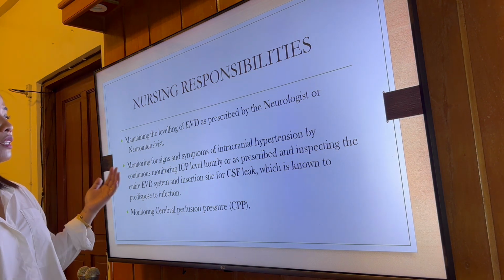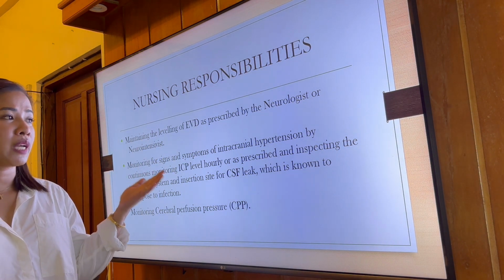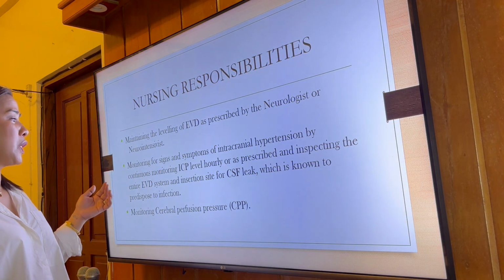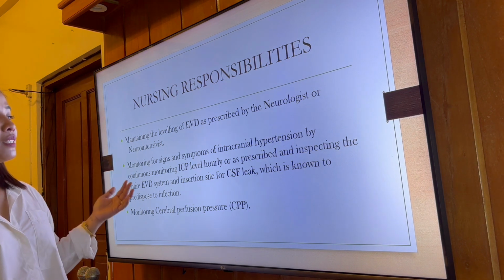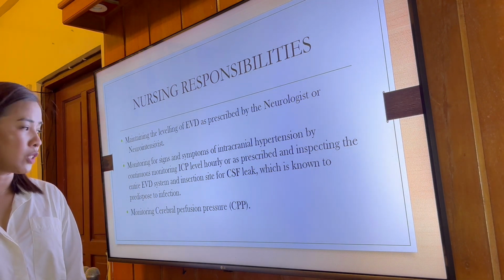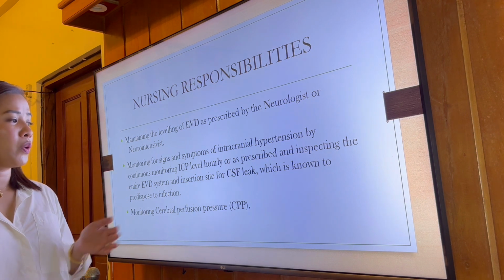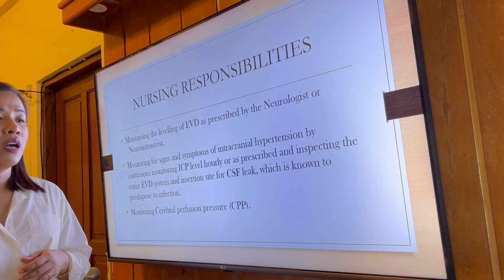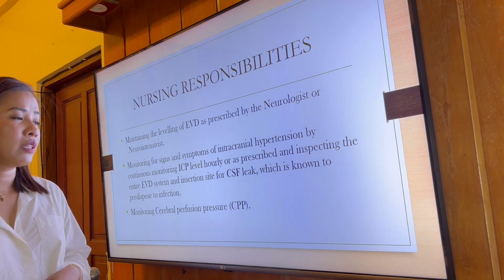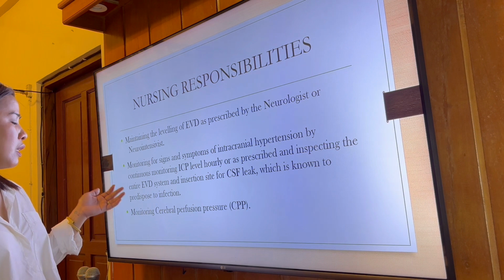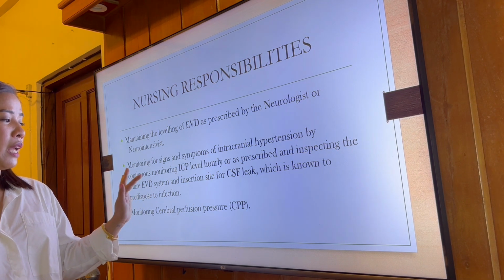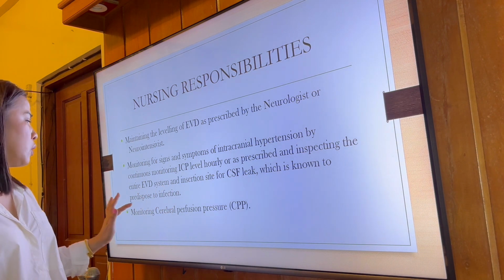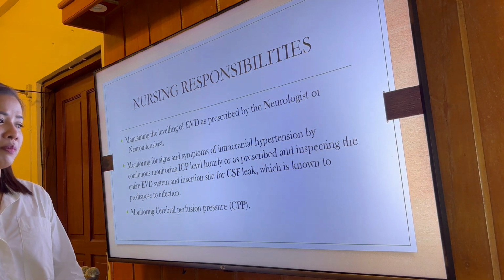So what are the nursing responsibilities in handling a patient with EVD? Nurses should maintain the leveling of the EVD, which is very important, as prescribed by the neurologist or the neurointensivist. We monitor for signs and symptoms of intracranial hypertension by continuously monitoring ICP level, maybe hourly or depending on the doctor's order, and inspecting the entire EVD system and insertion site for CSF leak or infection, which the system is known to predispose to.